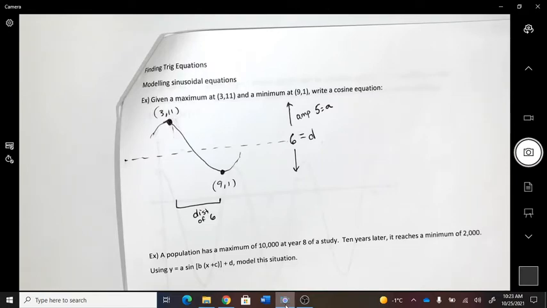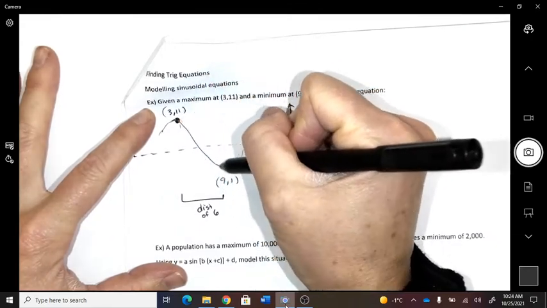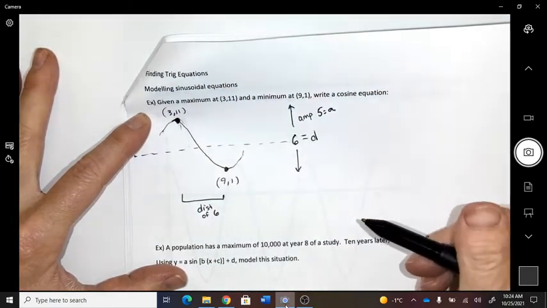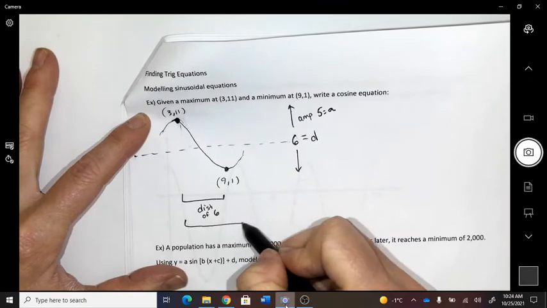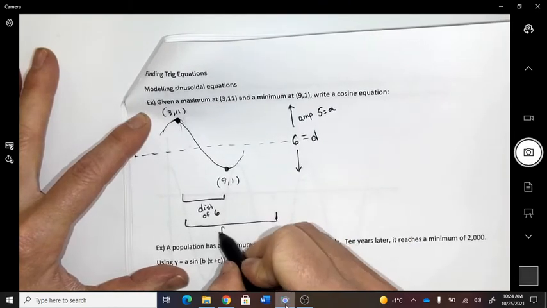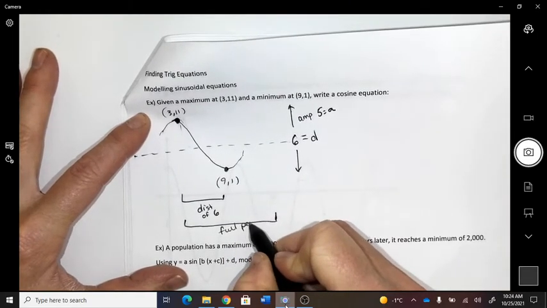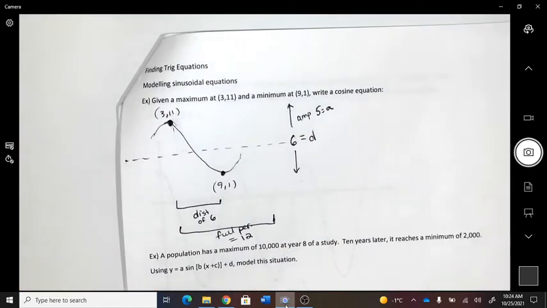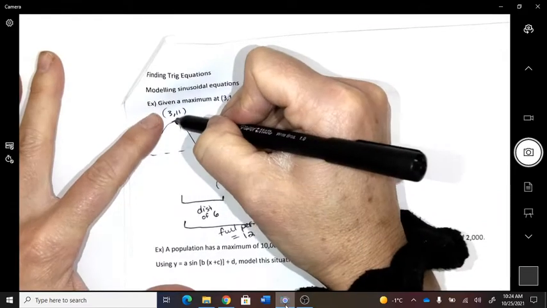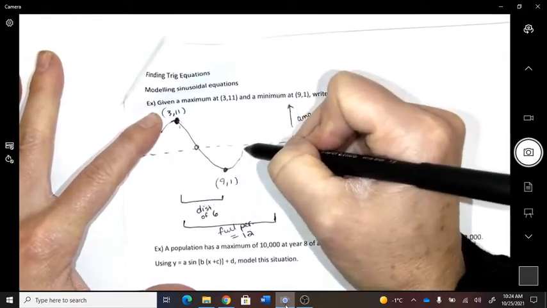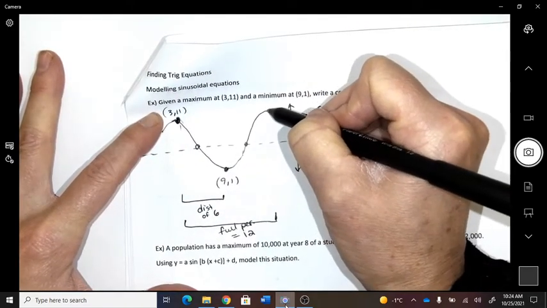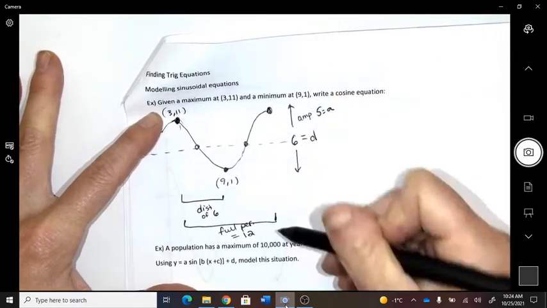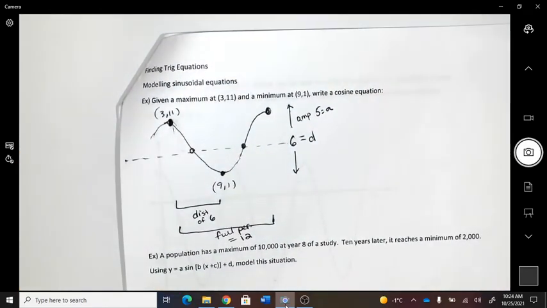Does anybody know how much of a cycle I just went through there? I went through half of a cycle. So what do you think my full cycle will take me? A full period should be 12. Does that make sense? Do you see it visually? Because I still need to go top, middle, bottom, middle, top. So full period is 12.